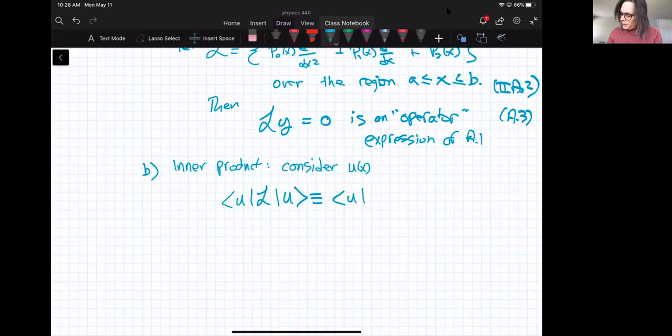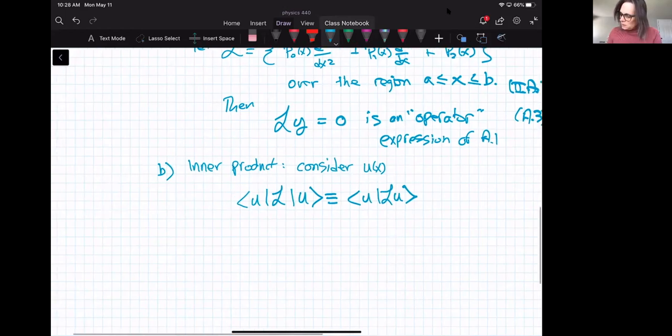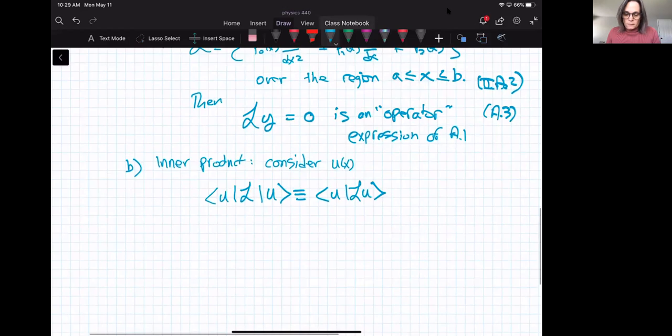We can write as u times the operator L operating on u, and that's going to be defined as the integral from a to b of, in the most general case, the complex conjugate of u times L operating on u of x dx.